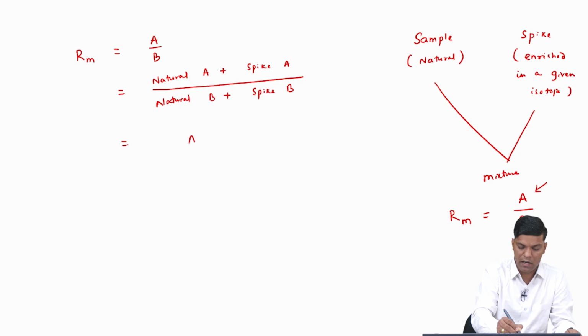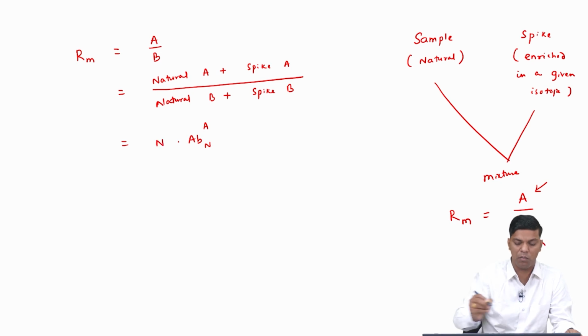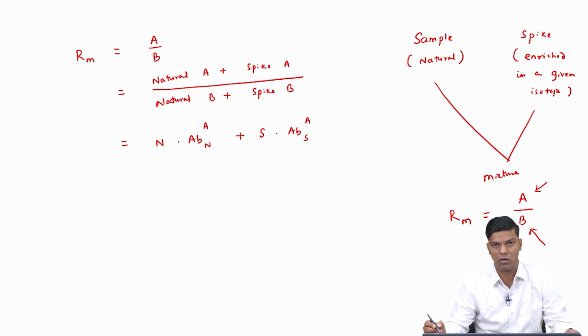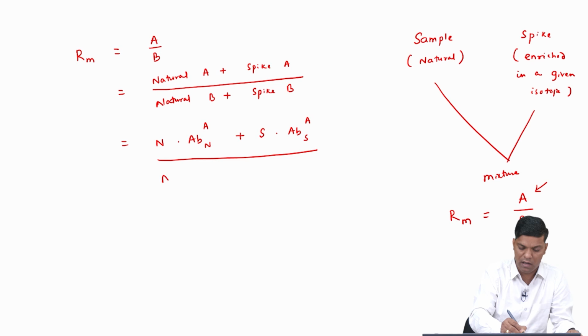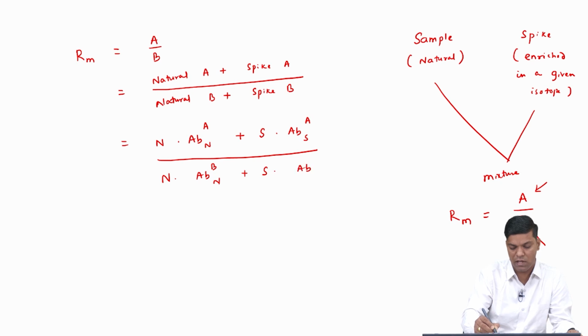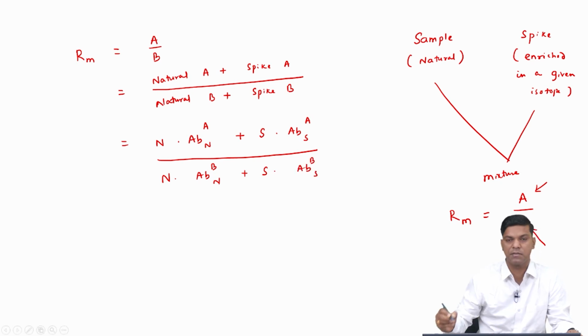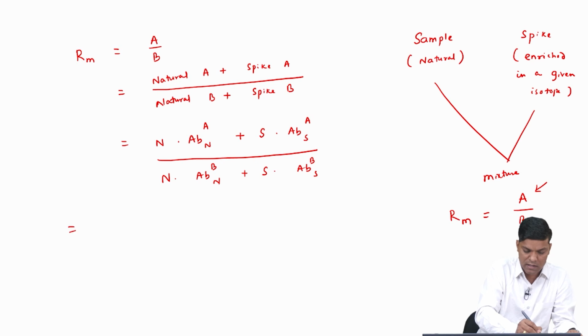Let us say the abundance of A in the natural sample, into the number of moles N, plus the abundance of A in your spike into the total amount of the element that is there from the spike, divided by N into Abb N plus S into Abb S. Let us rearrange this.